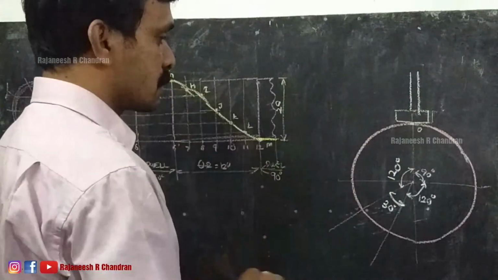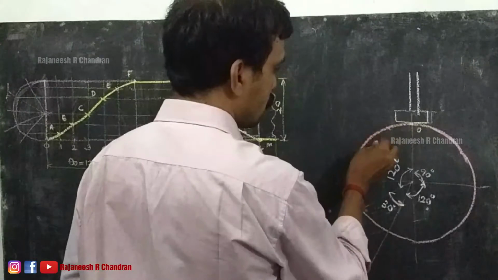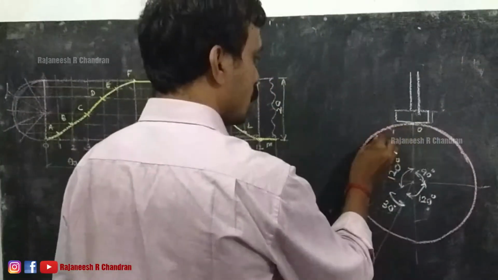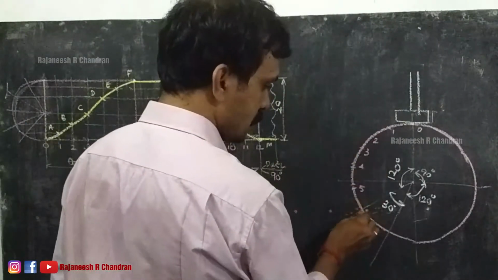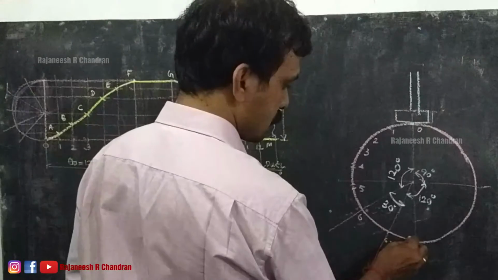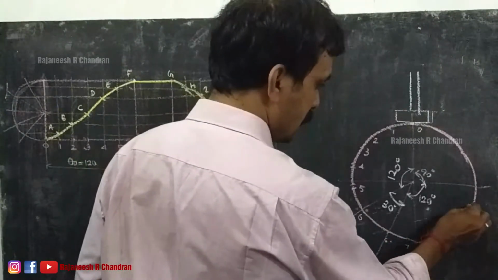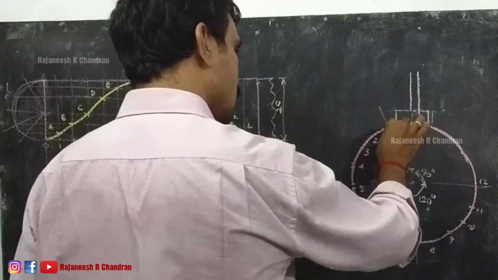Now the step is to divide this 120 into 6 equal parts. So this is 1, 2, 3, 4, 5 and 6. Similarly this also can be marked 6, 7, 8, 9, 10, 11 and 12. Now connect to the center of the circle and extend.